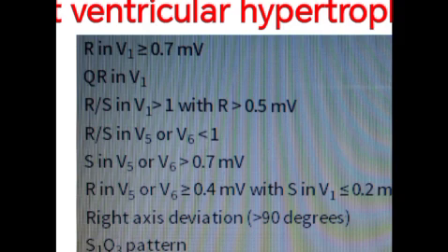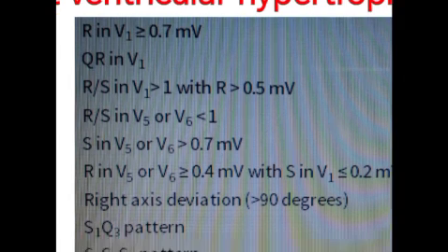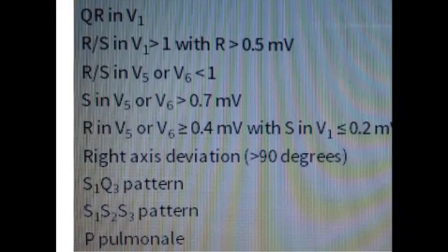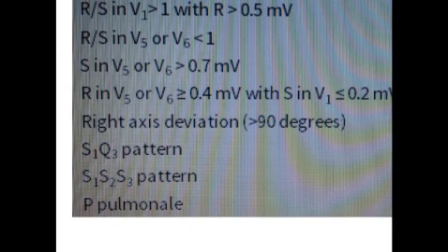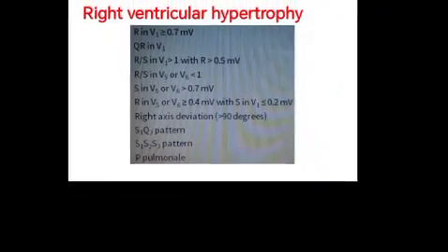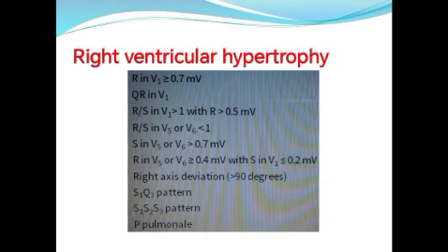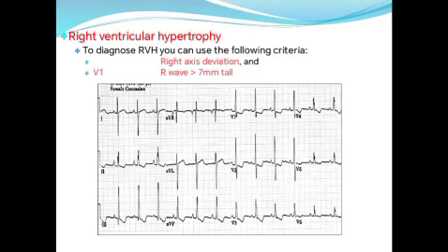Other criteria include right axis deviation, the S1Q3 pattern, the S1, S2, S3 pattern, and P pulmonale. These are all right ventricular hypertrophy signs. You will see some of them here to be clear.